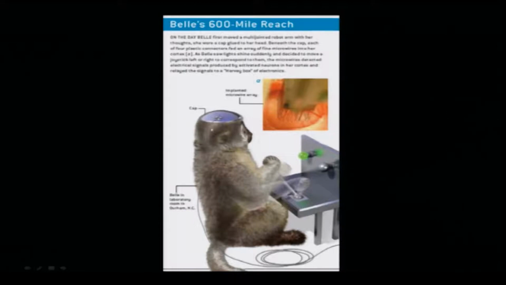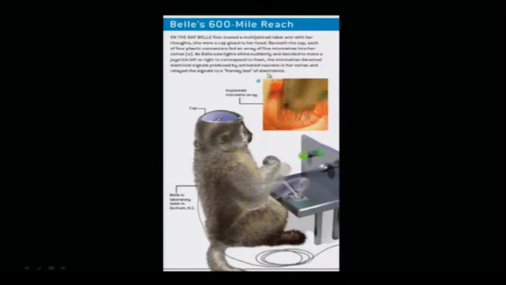As Belly saw lights shine suddenly and decided to move a joystick left or right to correspond to them, the microwires detected electrical signals produced by activated neurons in her cortex and relayed the signals to a box of electronics.